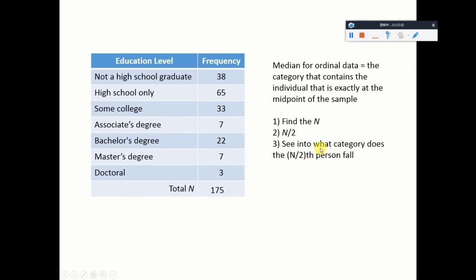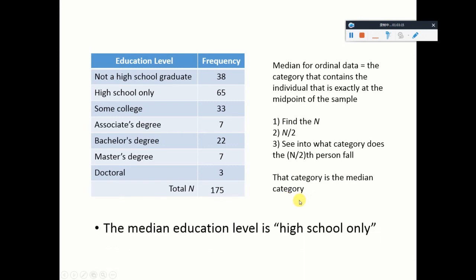And then we see into what category does this person, the one at sample size divided by 2, fall. And that category is the median category. So in this case, the median education level is high school only because 175 divided by 2, we said, is 87.5. 87.5 obviously falls beyond the first 38 people.